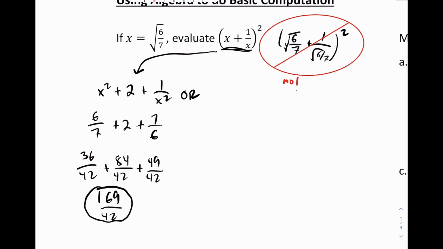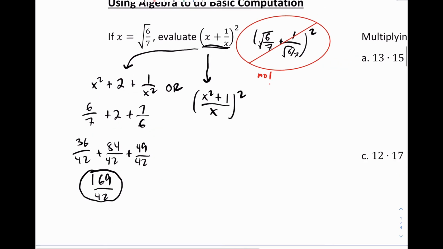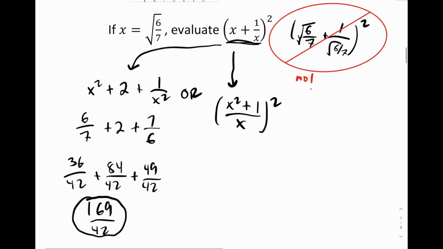Or if you noticed it, we could do a little bit different. I could write this as the quantity of x squared plus 1 all over x, and that's being squared. So notice how if I plug it in here, I get something pretty cool. You plug this thing in right here, that's 6/7, add 1, that is going to be 13/7, and then of course x, that's square root 6/7.